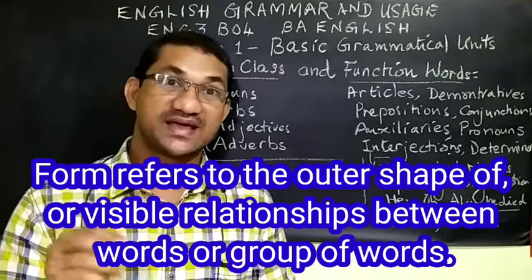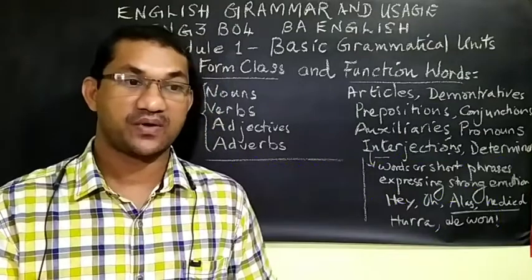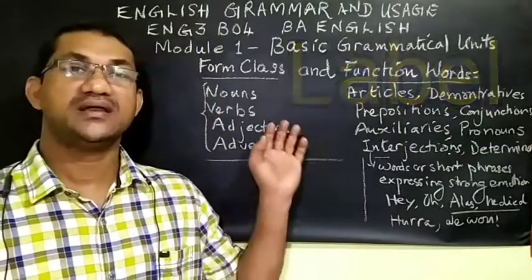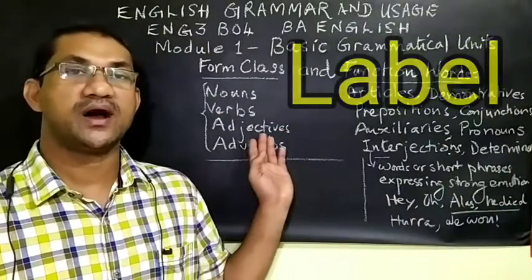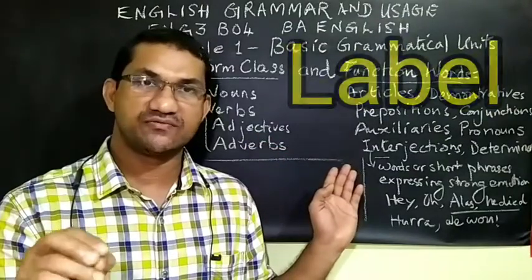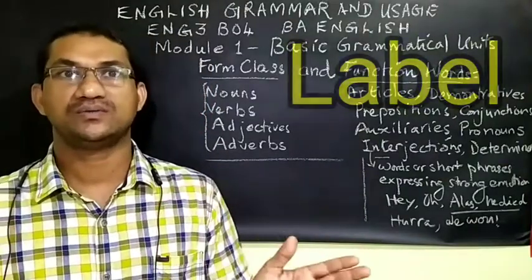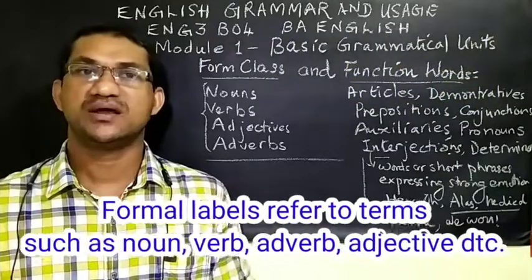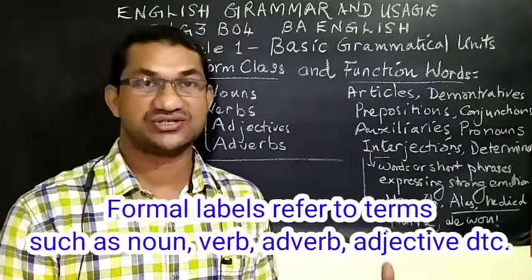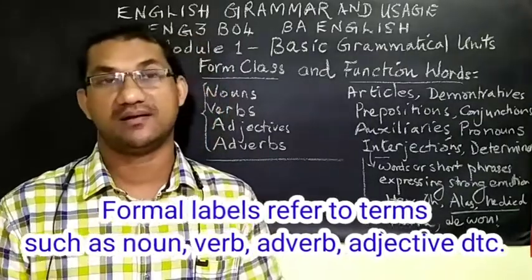Now we come to the second basic concept in grammar, that is label. We have to understand what label is. We know that we have a number of vocabulary items like noun, adverb, adjective, etc. And we call these vocabulary items with certain names. And these names, like nouns, adjectives, adverbs, determiners, articles, pronouns, preposition, conjunction, interjection, all these are what we call labels.